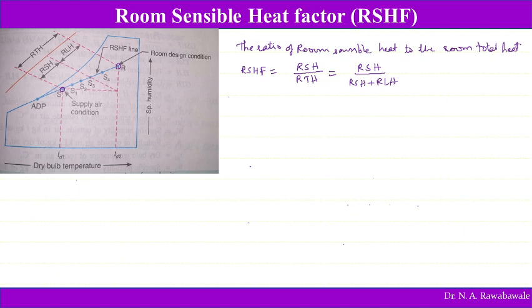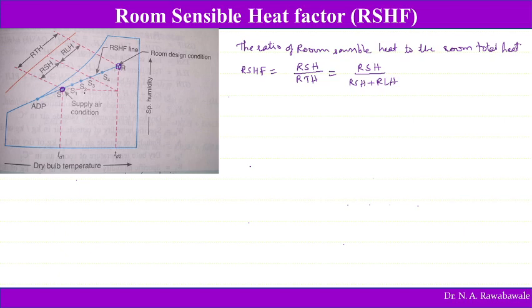Thus the point S here on the psychrometric chart, as shown, represents the supply air condition. So air is conditioned in the process, and that air has certain properties, and if we mark those properties on the psychrometric chart, that point is S. And the point R here represents the required final condition in the room.